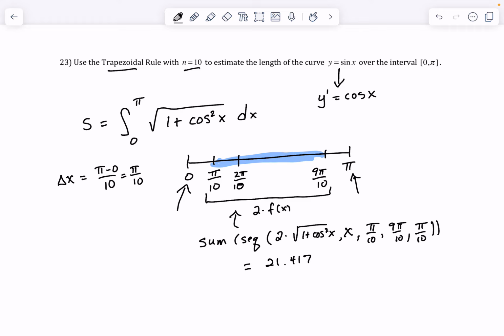Well, when you find out what cosine of 0 is, that's 1. So that means we would have the square root of 1 plus 1 squared for the first one. And when you plug in pi, that's going to be -1. But because you square the cosine, it's going to be 1 plus -1 squared. So both of those are going to be a square root of 2.